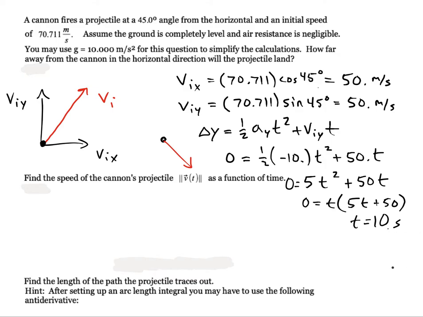Alright, now I want to find out what is the speed of the projectile as a function of time. I want to put the cannonball into a position vector like I did last time. Now how can I do that?